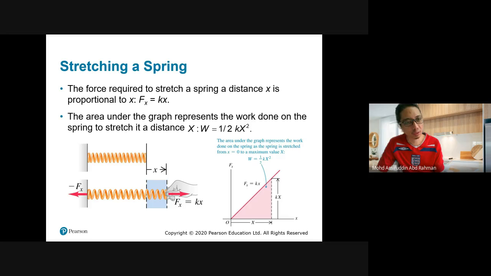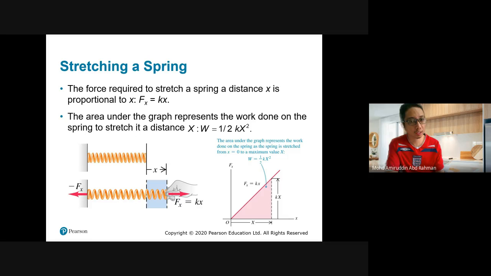Let's say we stretch a spring. The force required to stretch a spring a distance x is proportional to x, where Fx equals kx. The area under the graph represents the work done on the spring to stretch it to a distance x, where W equals half kx squared.